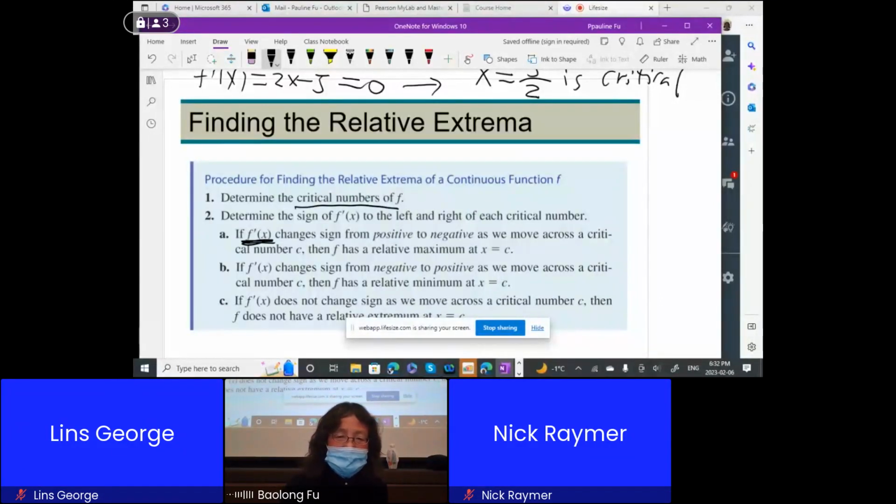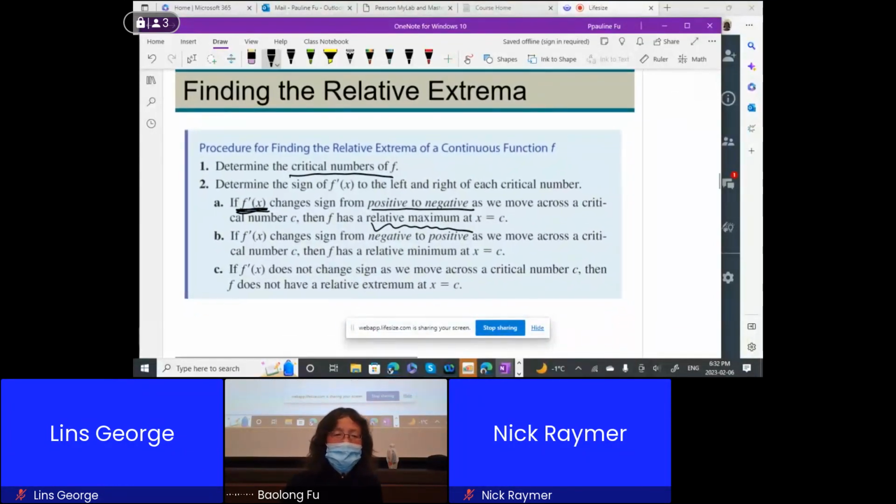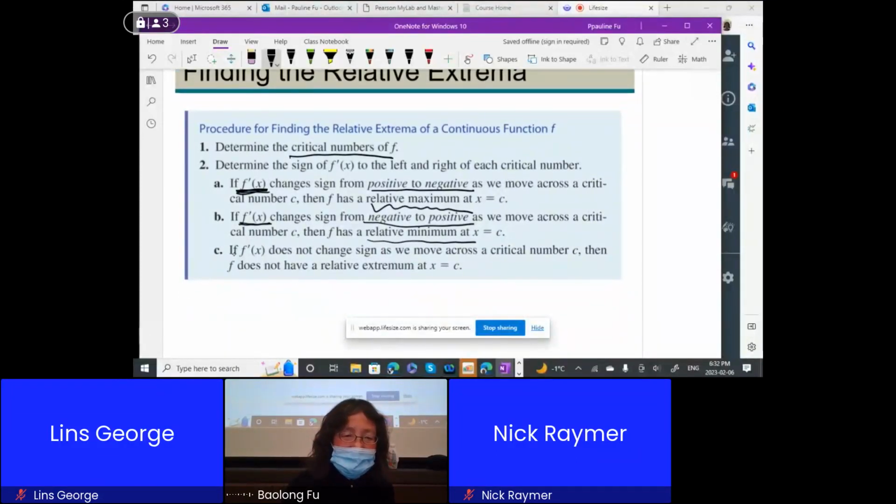If it changes from positive to negative, we conclude it has a relative maximum. If the derivative of f changes from negative to positive, it has a relative minimum. If the derivative does not change, it does not have a maximum or minimum.